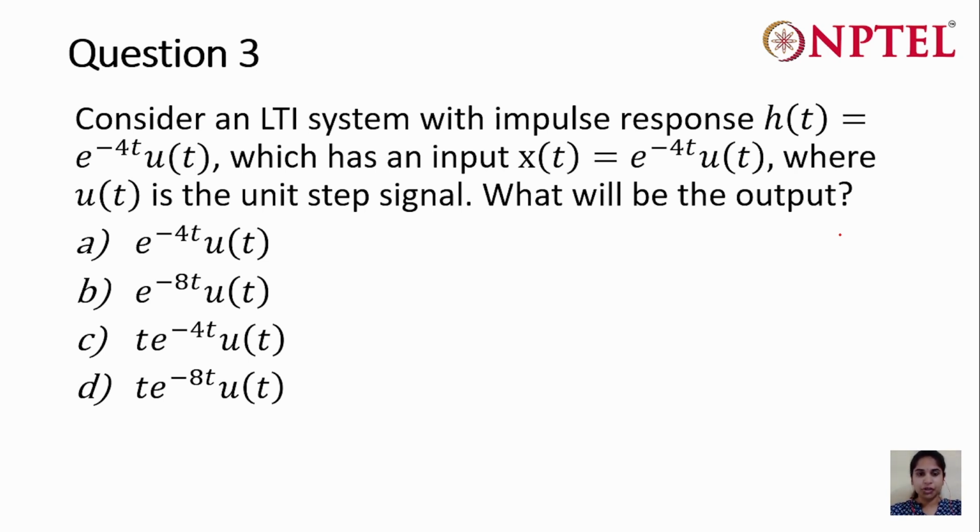You are going to use the properties we saw in questions 1 and 2 to find the answer. x of t is e power minus 4t into u of t. h of t is e power minus 4t into u of t. What is y of t?